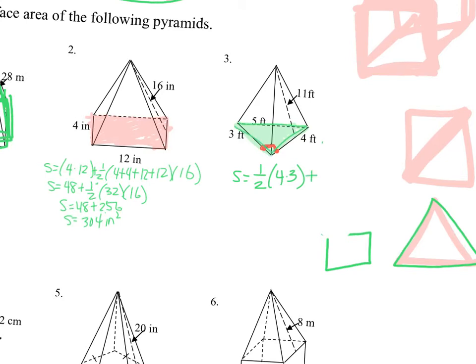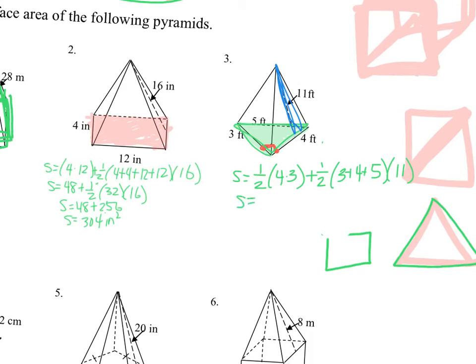Plus, the formula has 1/2 times perimeter of the base. That's what the P stands for. So this is a 3, 4, 5. So 3 plus 4 plus 5 times your slant height. So that's going to be this 11 right here. Okay, and then we're going to solve this following the order of operations again.